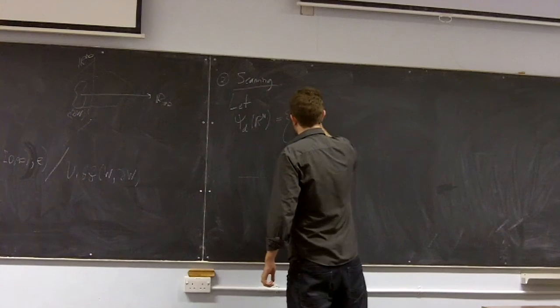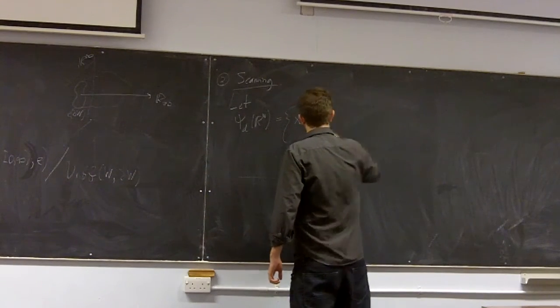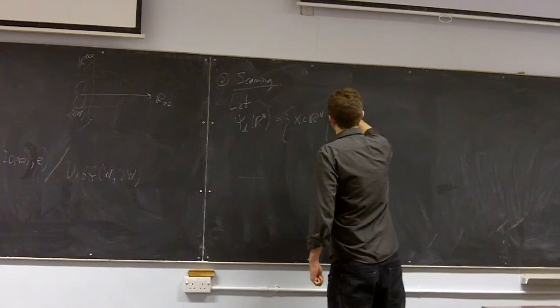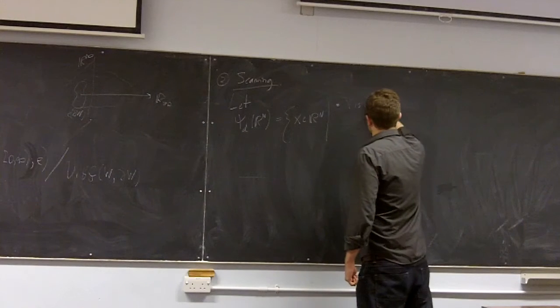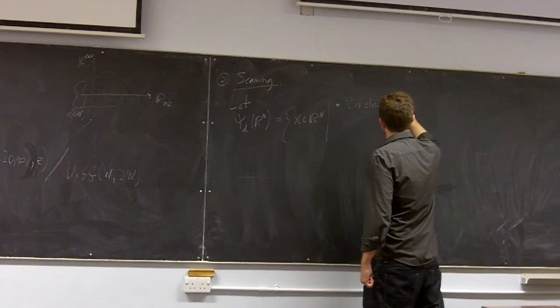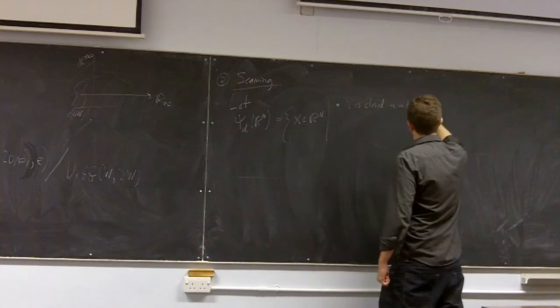So it's the set of X inside Rn, satisfying two conditions. The first one is technical and not so important, which is that X is closed as a topological subspace.